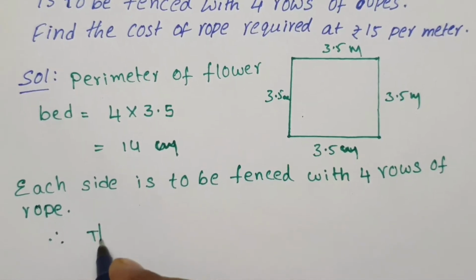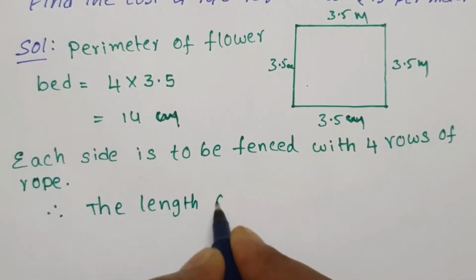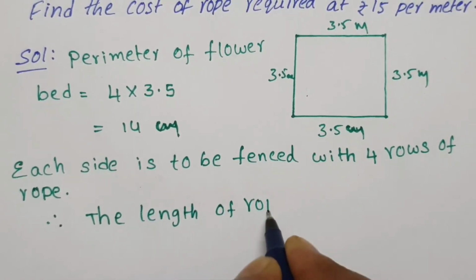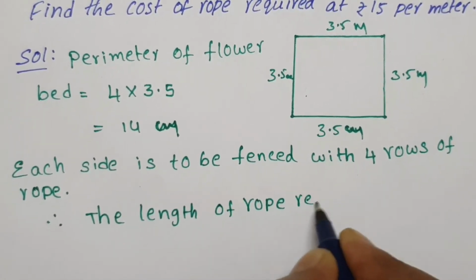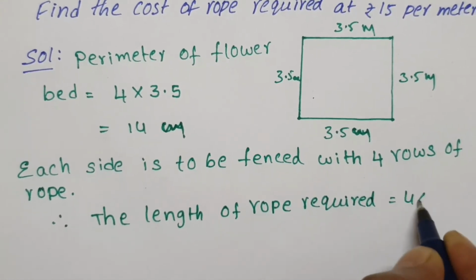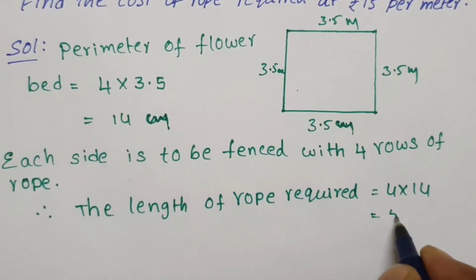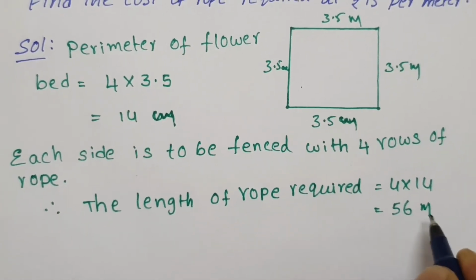Therefore, the length of the rope required equal to 4 into 14. 4 into 14 equal to 56 meters.